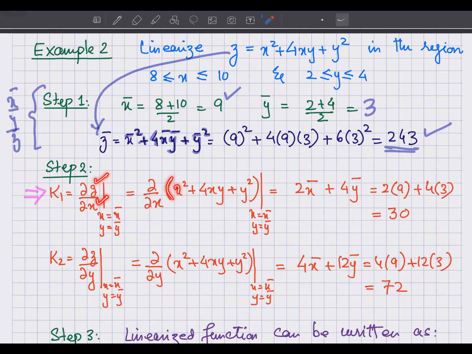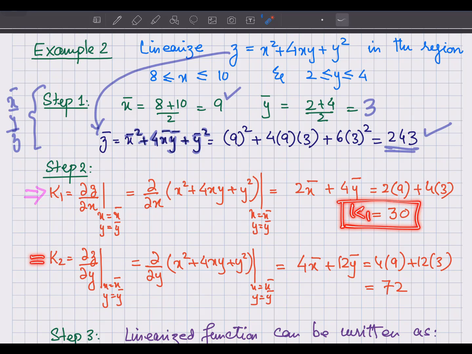The function is x square plus 4xy plus y square, and taking the derivative at this operating point gives 2x bar plus 4y bar. Taking the values of x bar and y bar, we get 30. So k1 is equal to 30.